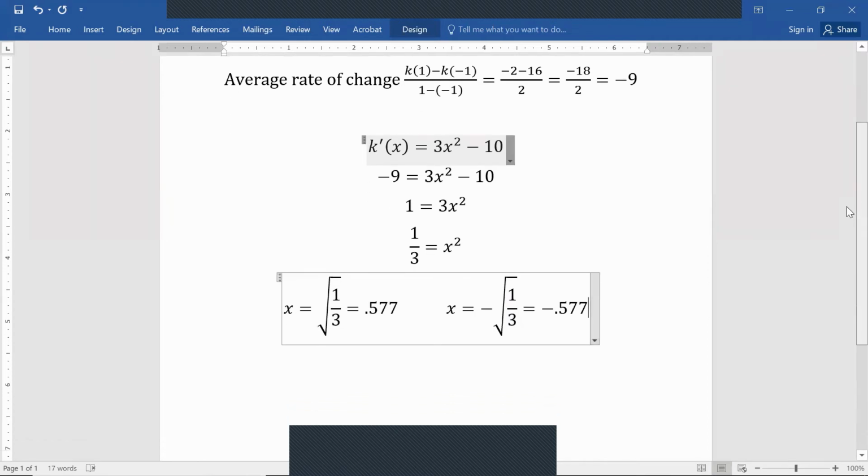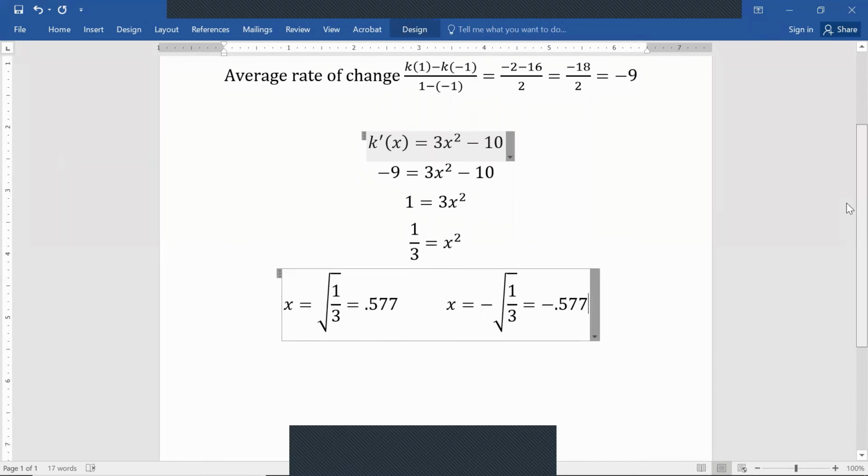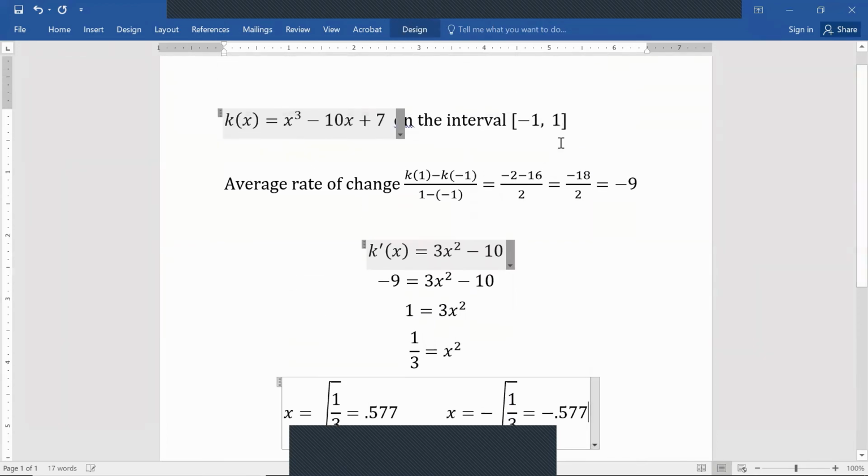Notice that both of these values are in the interval from -1 to +1. Therefore, in this case, we actually have two values of x which satisfy the mean value theorem.